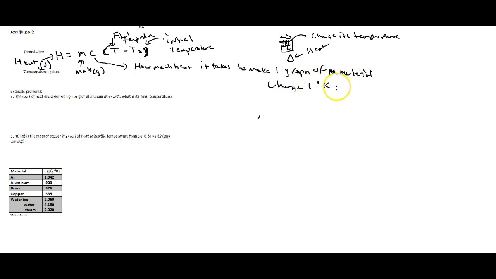I'm going to say Kelvin, but Kelvin and Celsius, same thing. Also Celsius. Okay? So, if we go back here to specific heat, that's my definition. It's the heat necessary to change 1 gram, 1 degree Celsius.